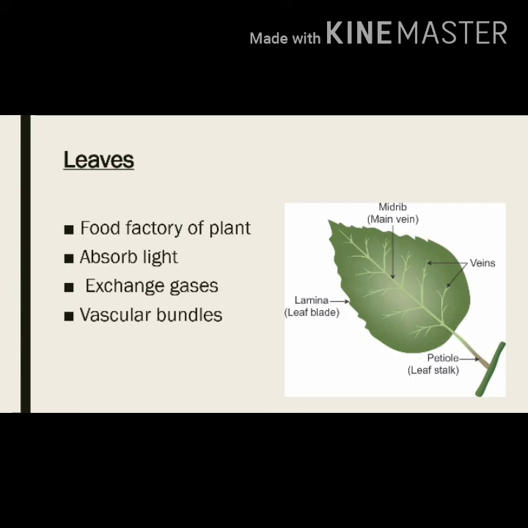Vascular bundles consist of phloem tubes and xylem tubes. Leaves have a broad and flat surface to absorb lots of light and exchange gases. Leaves have holes known as stomata to let gases get in and out from the surrounding air.